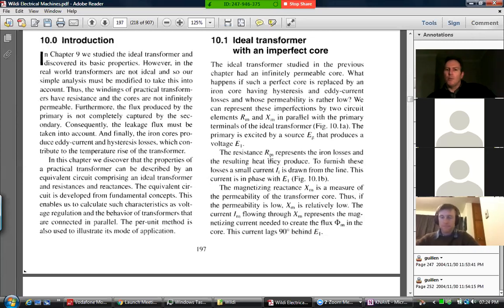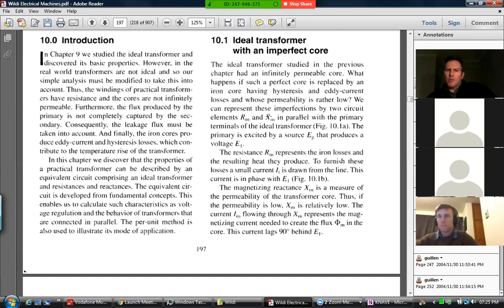So we'll represent that as this R, and we also have hysteresis losses. Remember that hysteresis curve: when you put current into the magnet and take the current out again, the magnetism doesn't come back down the same curve. There's a bit of a power loss there due to that hysteresis band.